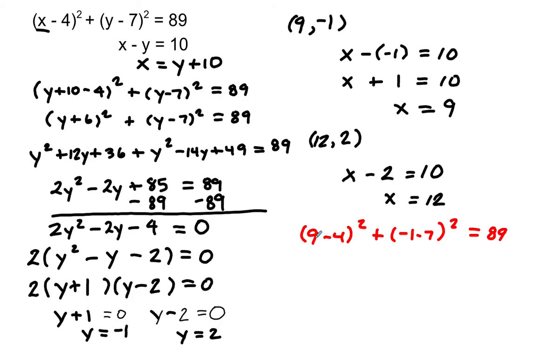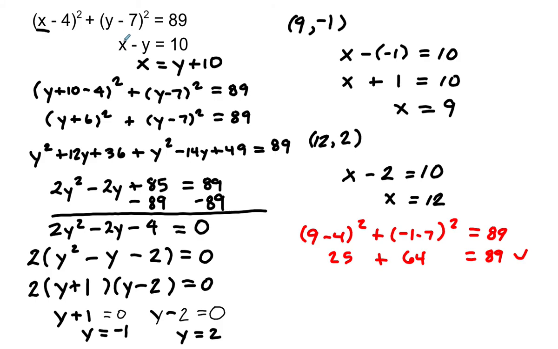And let's just simplify these. This would be 9 minus 4 is 5, and 5 squared would be 25, plus negative 1 minus 7 would be negative 8, and negative 8 squared would be 64. So 25 plus 64 does equal 89. So we know that one is good so far.